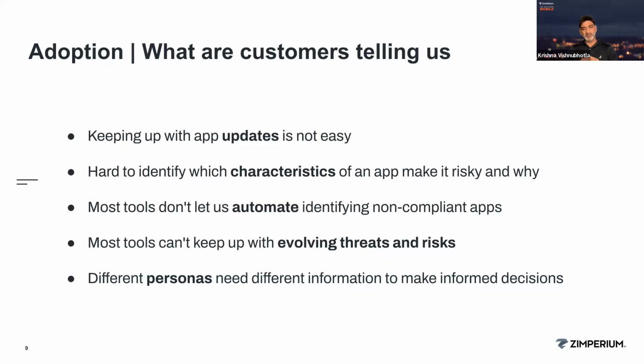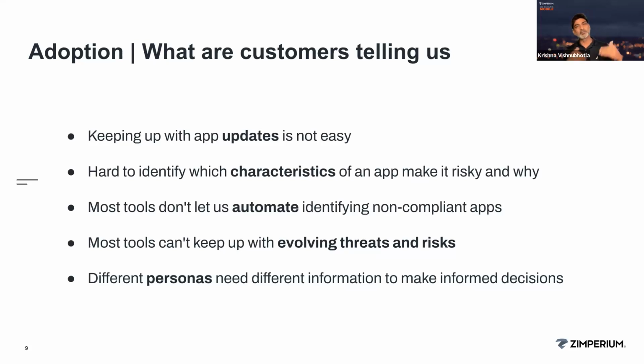So when you think of app vetting solutions, you need something for both, or else you end up solving only half the problem, right? And you need to be able to give them information in a way that allows them to make good decisions, right? So those are some key things: the tool might tell you something, but is it right for the persona?